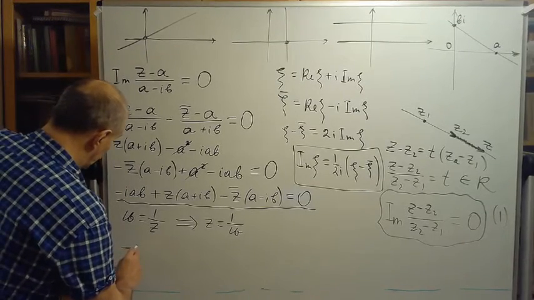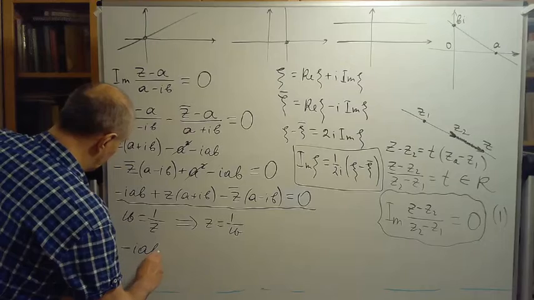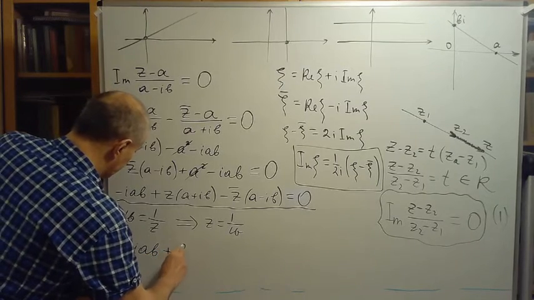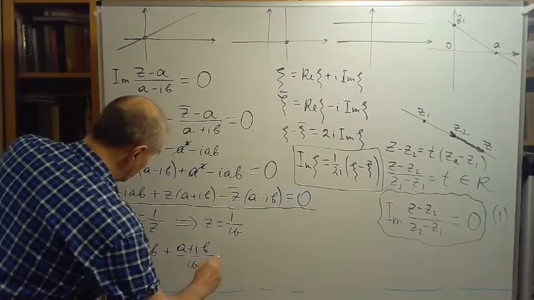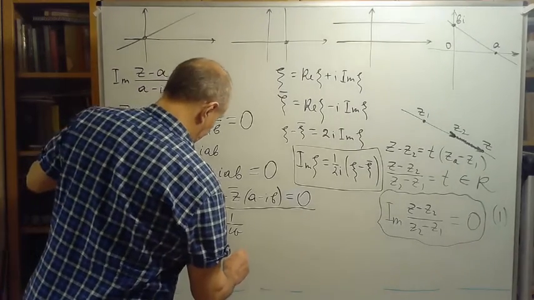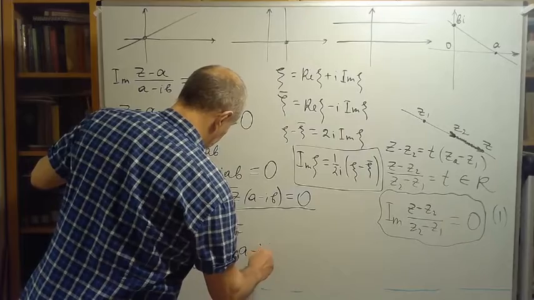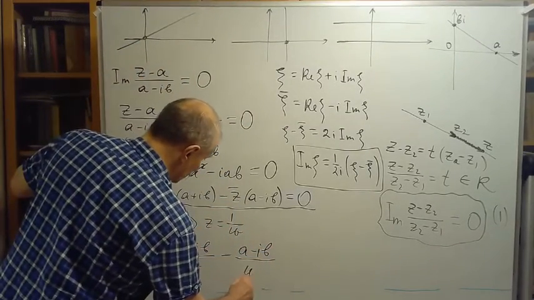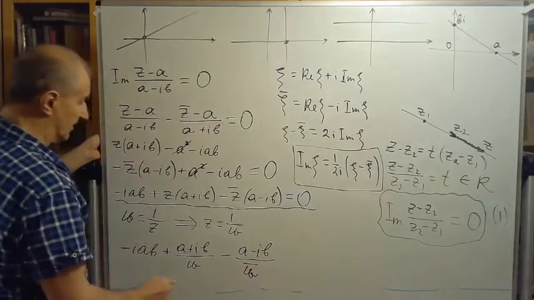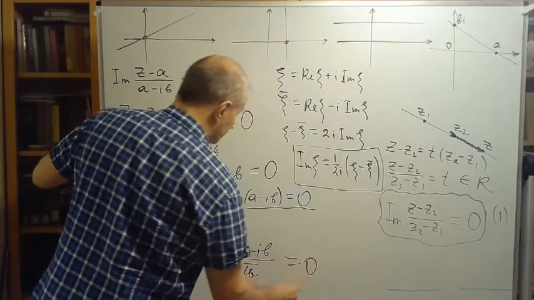So it will be negative iab plus a plus ib divided by w minus a minus ib, instead of multiplying by z conjugate, divided by w conjugate, equals to 0.